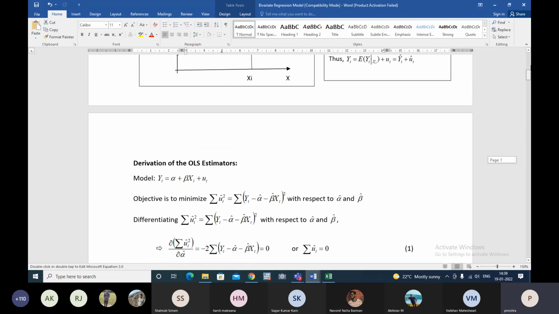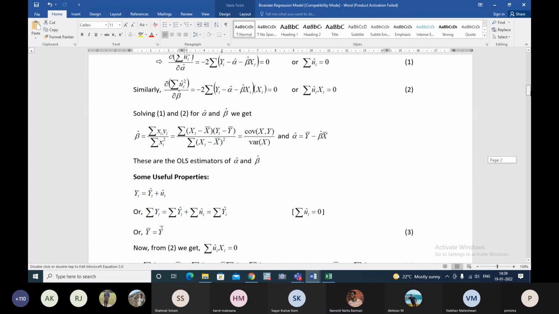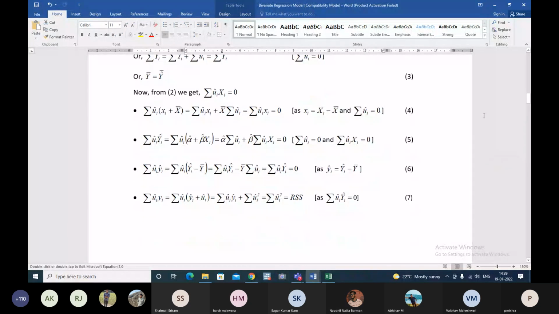If you see this component, u hat I into y hat I, what we are doing is replacing y hat I with alpha hat plus beta hat xi. Then alpha hat will come out of the summation, and we will be left with summation of u hat I plus beta hat into summation of u hat I capital Xi.